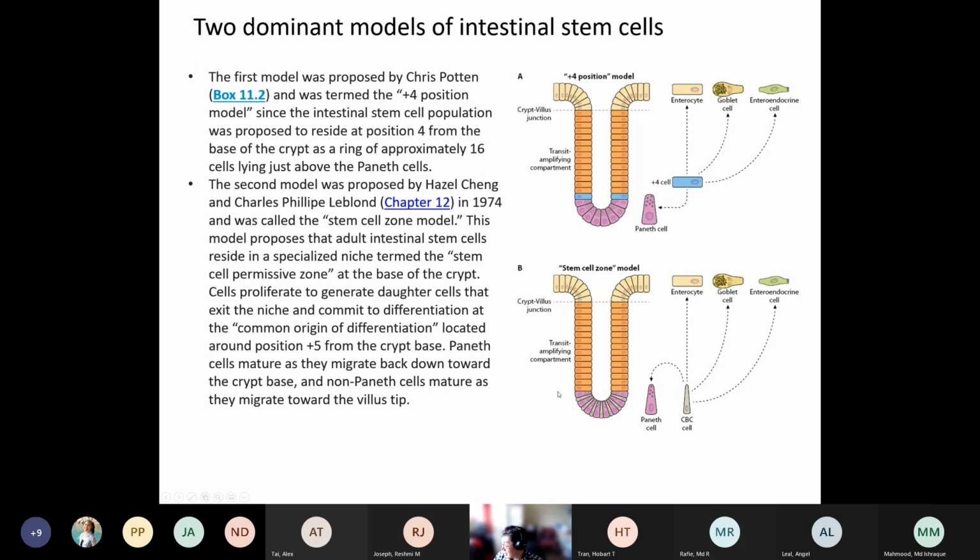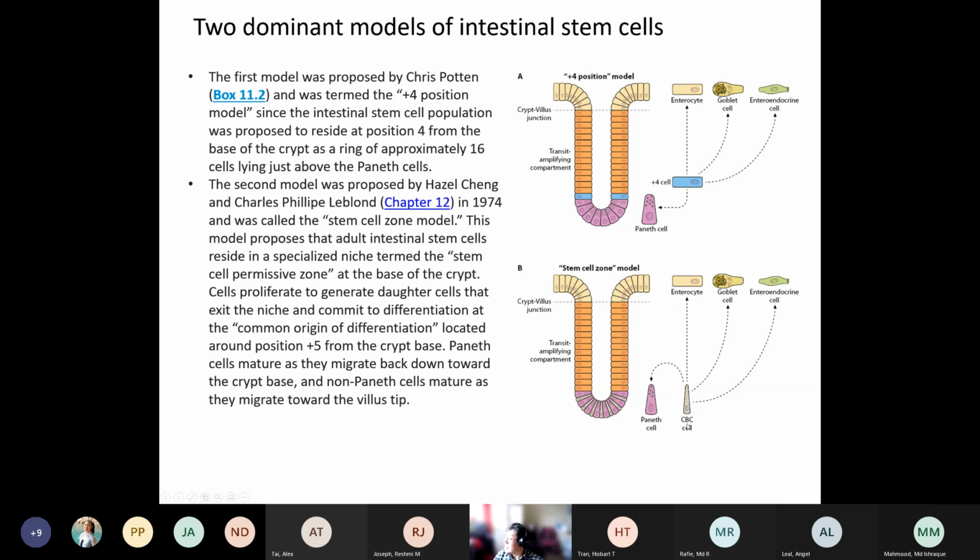Basically, around that +4 place, you set a boundary between differentiated cell and the adult stem cell. So when you move out of that +4 position, differentiation will start. If you go below that position, the cells are just multipotent. They just self-renew. They don't differentiate. So they define that as the common origin of differentiation.